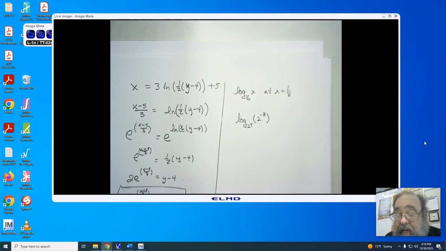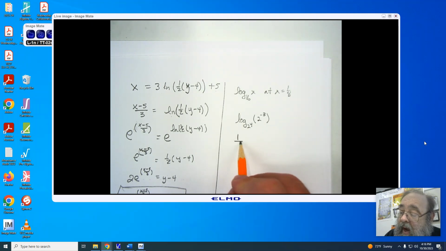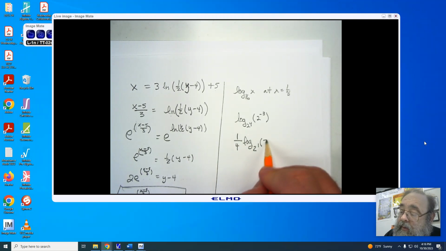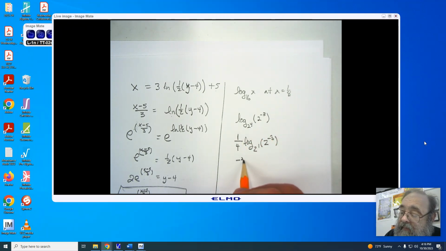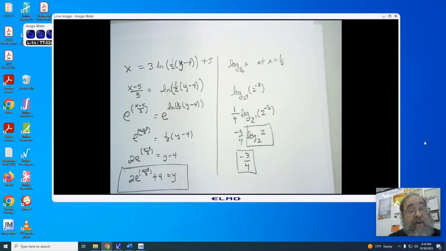Now I can begin. How do I make the 4 into a 1? I want a 1, I have a 4, and now it's a 1. 2 to the minus 3 power moves in front, negative 3/4, log base 2 of 2, which we know according to our rule is 1, and my answer is negative 3/4. That's the answer to number 4.